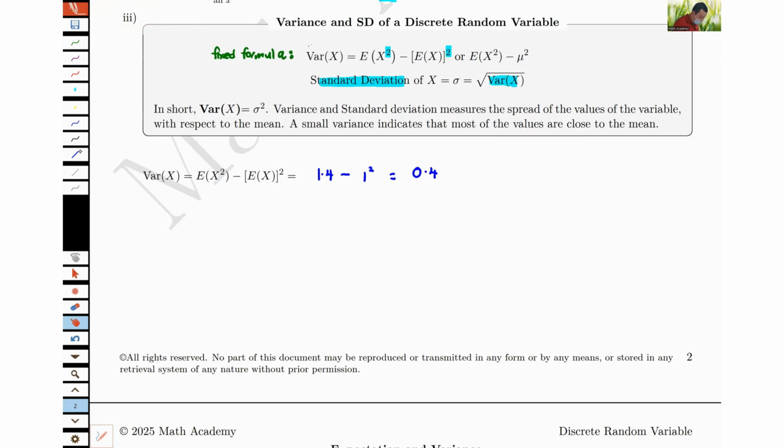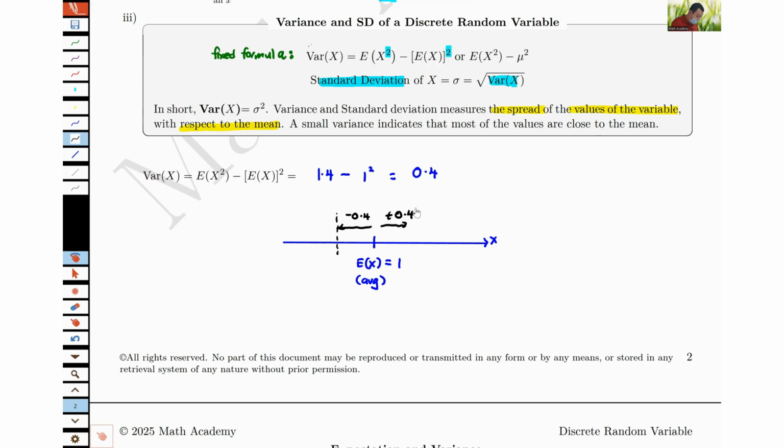What is variance? Okay, very broadly, we can think of it as this diagram. So let's say you have got different x values appearing. I currently know that the expectation is the value 1, which means this is on average. I know that we are going to get the value 1. So variance can be thought of as it's trying to measure the spread for the values of your variable with respect to the mean. Meaning you take your plus and minus 0.4 to the left and right.